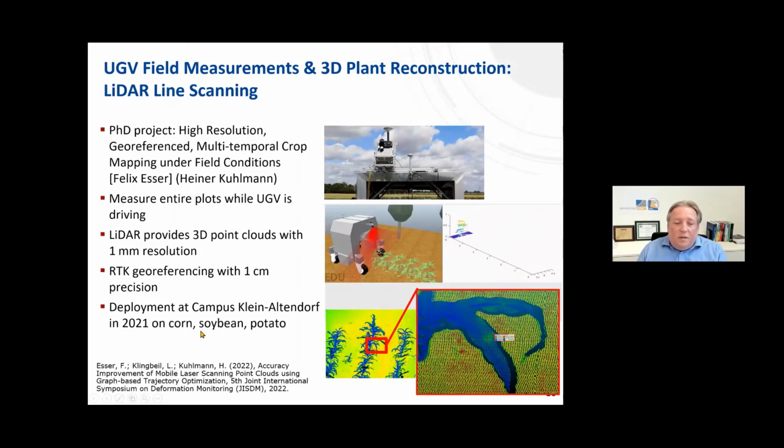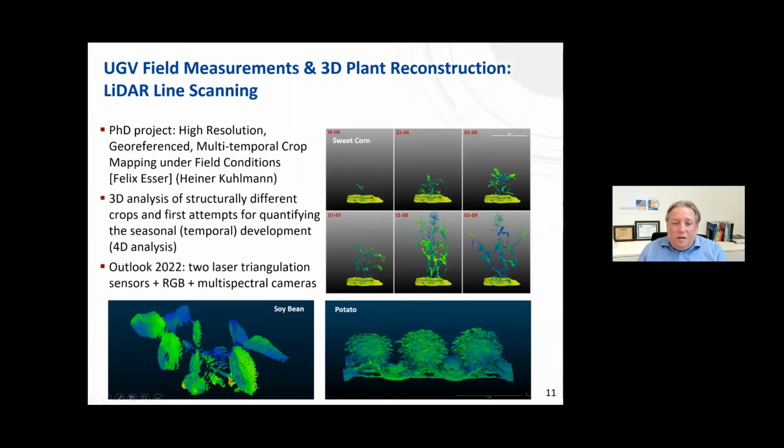This has been deployed on the Phenorob experimental field in Campus Klein-Altendorf and was used to measure different kinds of crops. You see here that there is quite a high resolution in these geometry measurements. And if you come back on different days, you can revisit the same plant and watch it grow.